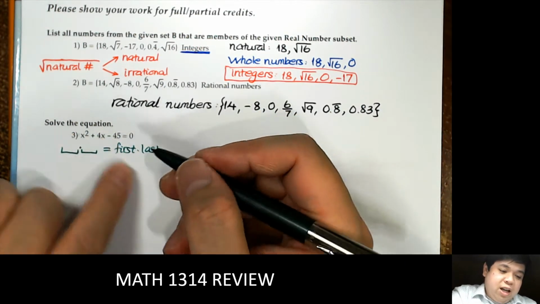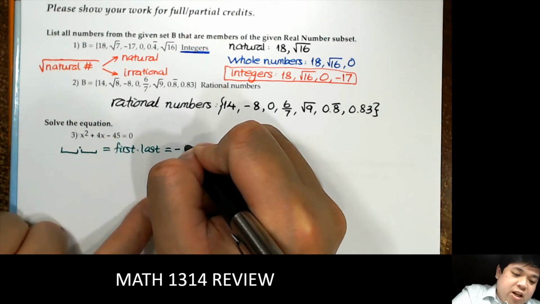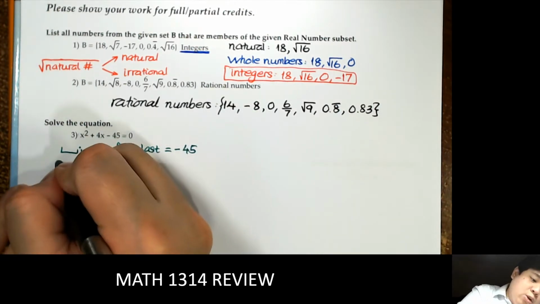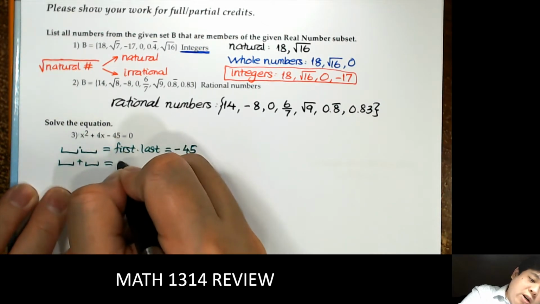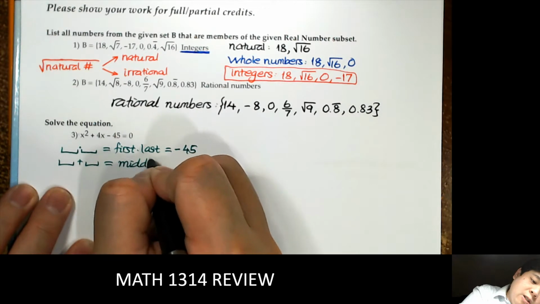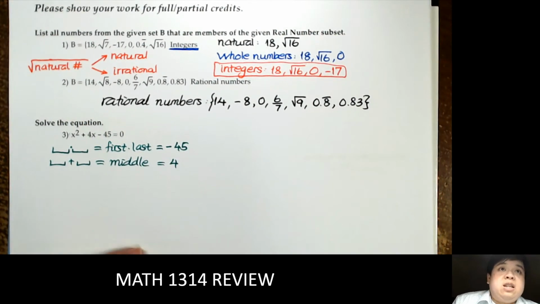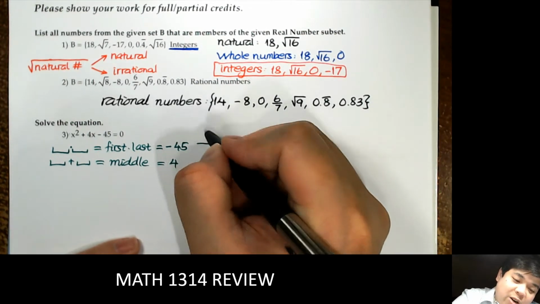First is 1, last is negative 45. So 1 times negative 45 is negative 45. And then those same two numbers must add up to the middle one. The middle coefficient is 4. And then we just guess them, by trial and error.